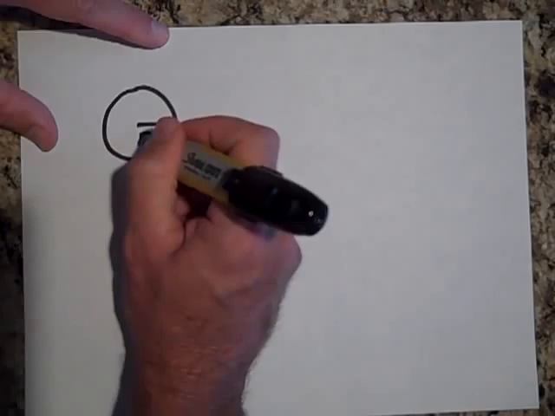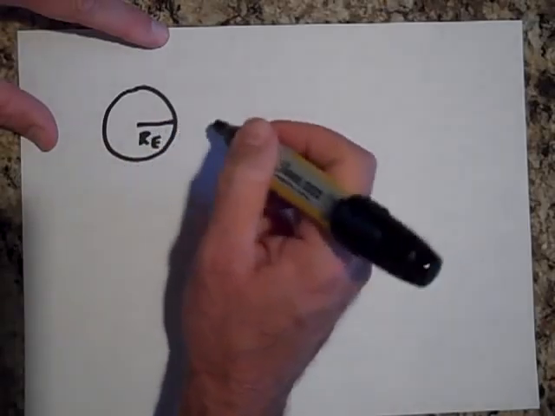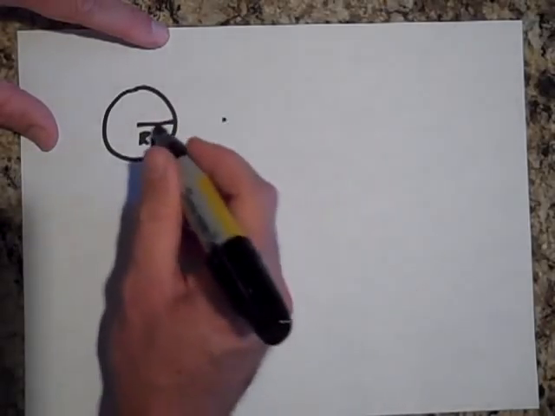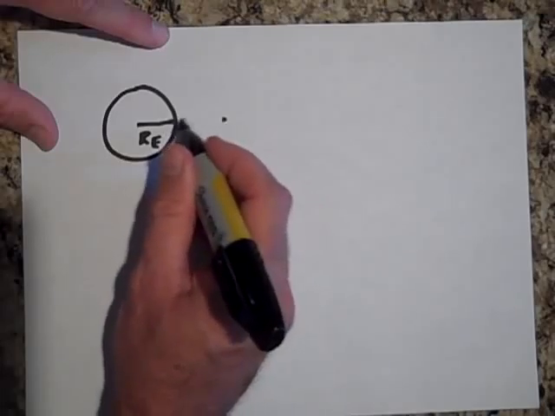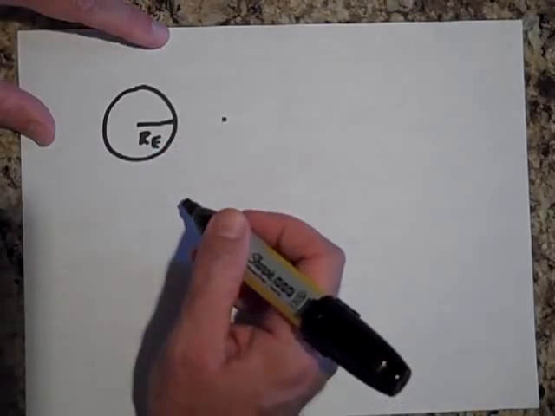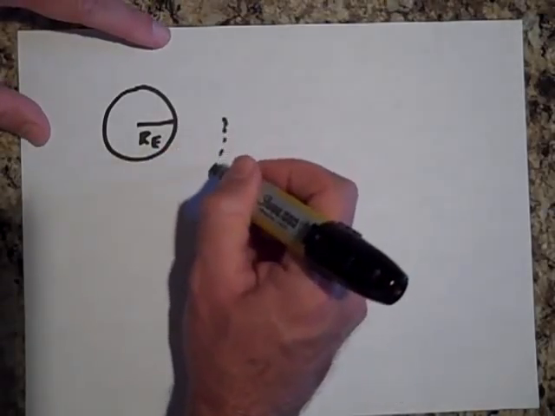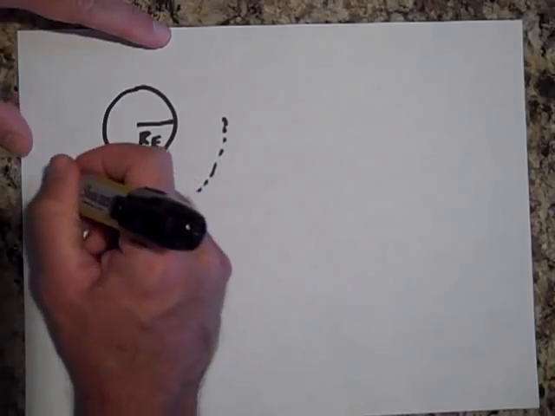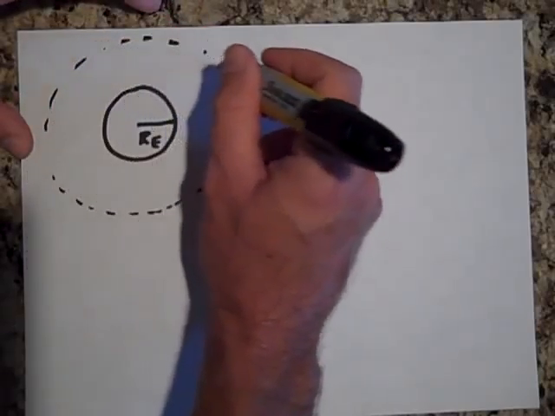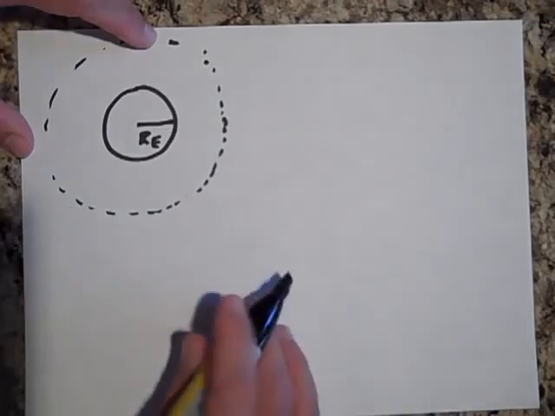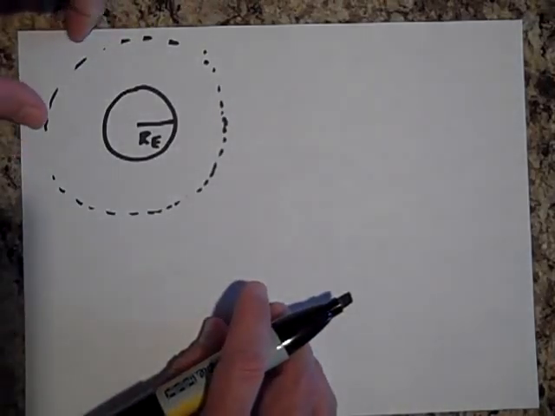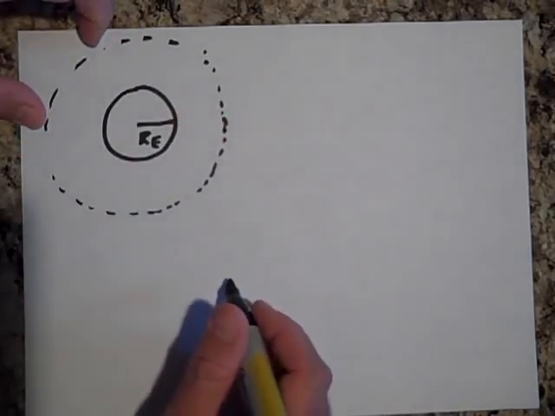Here's the radius of the Earth. You're out here a distance, a whole nother RE away from here. And the question is, if you want to go in a circular orbit, what speed do you have to go at so that you don't come plummeting down to the Earth?